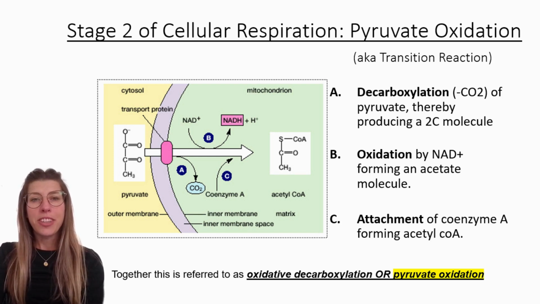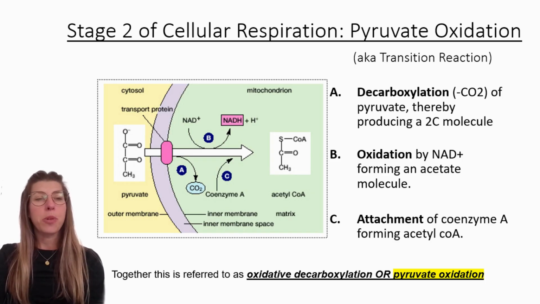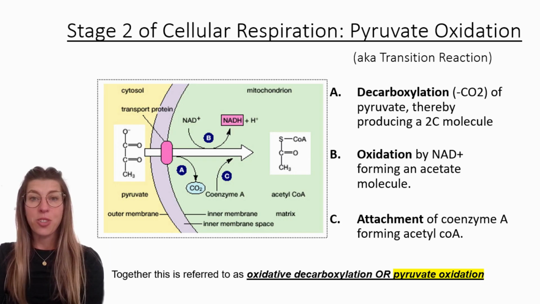So here is a picture of what happens to the pyruvate. Remember, pyruvate is the product of glycolysis. That is the glucose molecule that has eventually split into two. So remember, this picture is showing one pyruvate, but there are actually two pyruvates undergoing pyruvate oxidation at the same time.